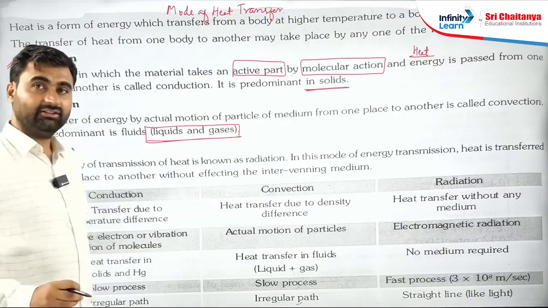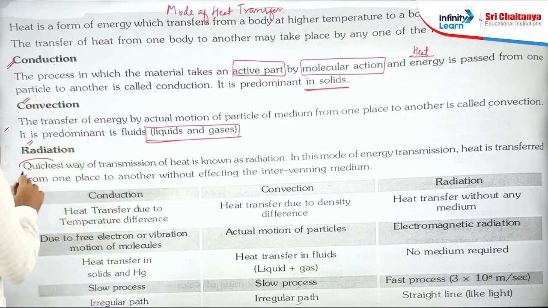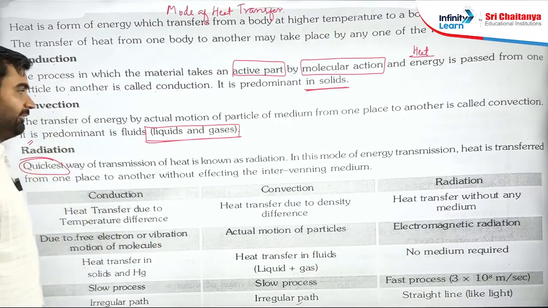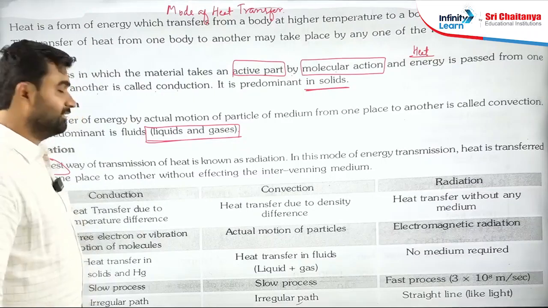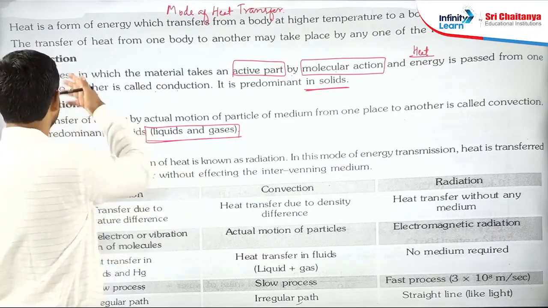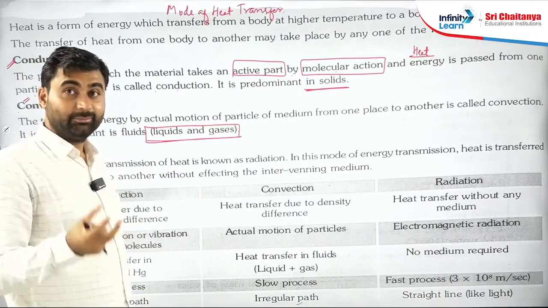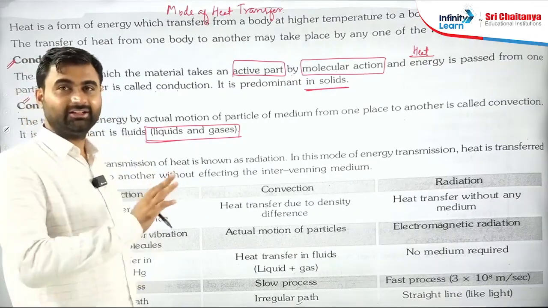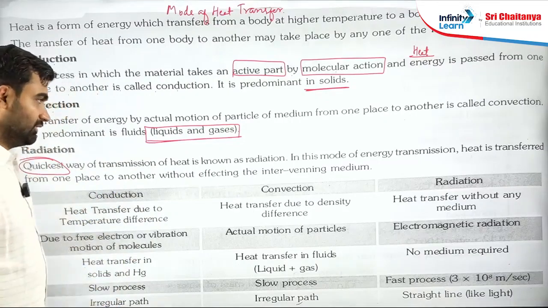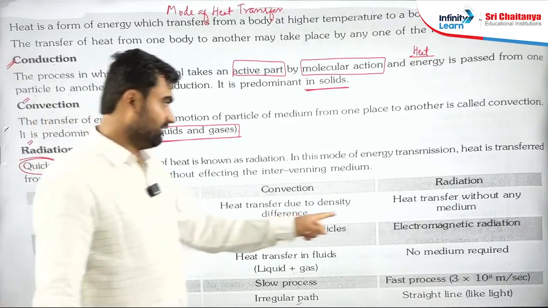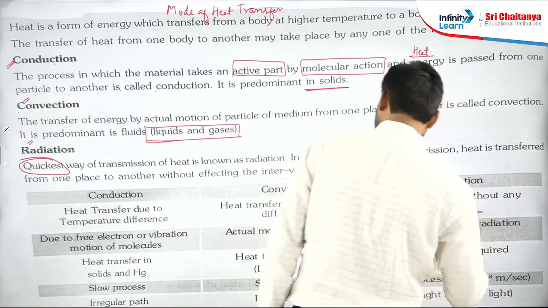Now radiation. First point, it is the fastest mode of heat transfer. And one more point: in conduction and convection, a medium, solid, liquid or gas, is required, but here there is no requirement of a medium. So in radiation, heat transfers without any medium.